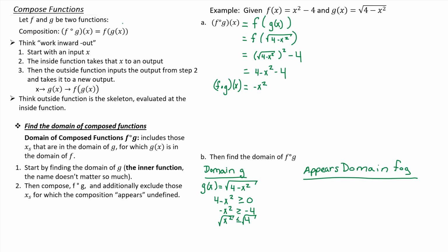The square root of x squared is the absolute value of x, and the square root of 4 is 2, so the absolute value of x is less than or equal to 2, which splits into two inequalities. One is x is less than or equal to 2, exactly what you see without the absolute value symbols. And the other is you remove the absolute value symbols, flip the inequality symbol, and negate the other side.